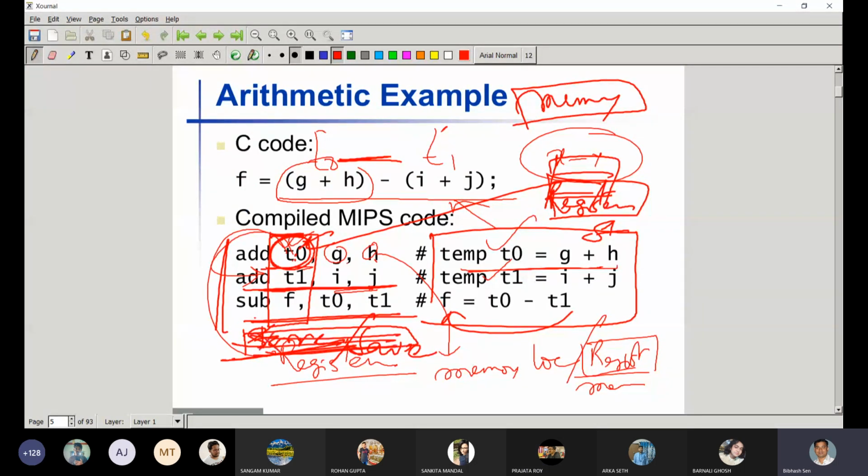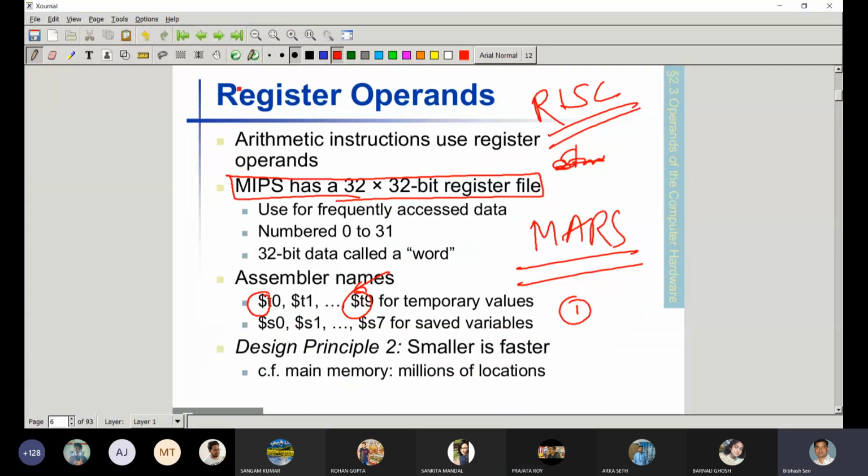If you save and store, that time a memory operation is required. The dollar is for all variants, for all the variables we are using, and mostly you can consider that it is register based because of the huge frequently accessed data. Are you getting my point?